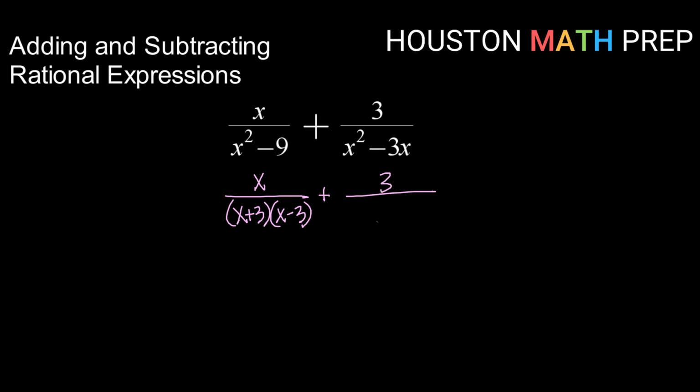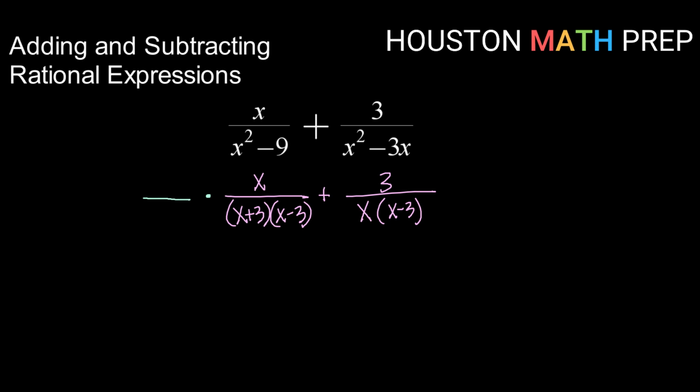X squared minus 3x, I see that that has a GCF, or greatest common factor, of x. And when I take that out, I have x minus 3. So here, when I go to get a common denominator, I notice that both denominators already have an x minus 3 factor. So that means I'm only going to multiply by the factor from the opposite that they are missing.